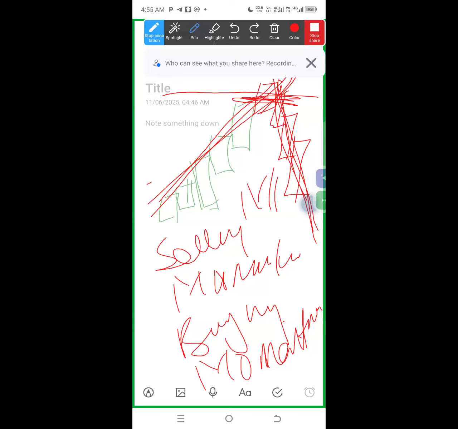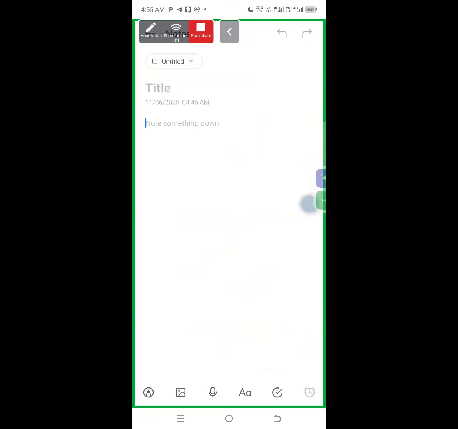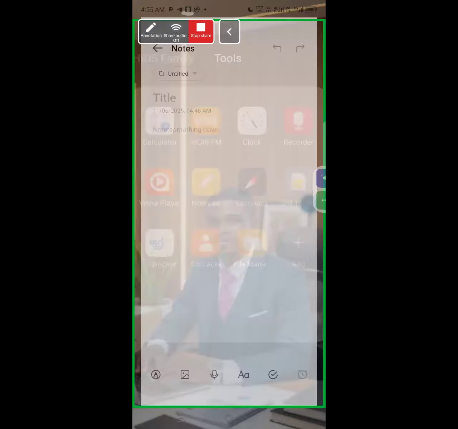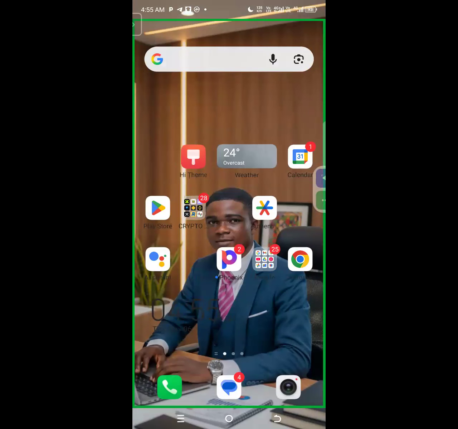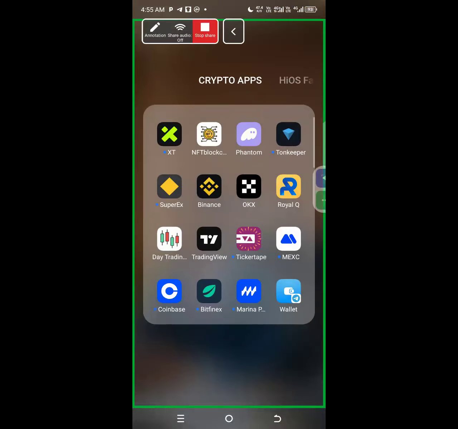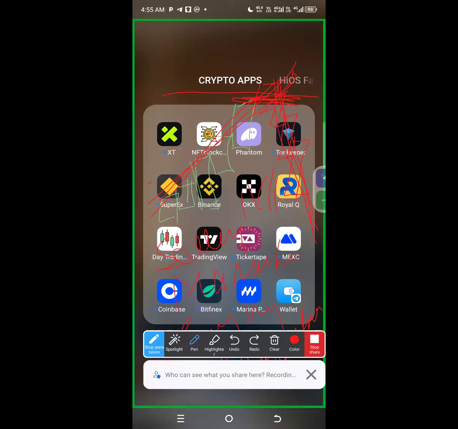So that is what we are going to do this morning. First, let's go to TradingView. Let me clean my board nicely.